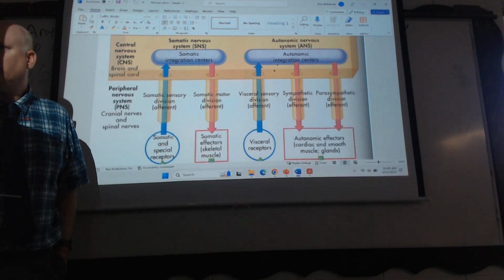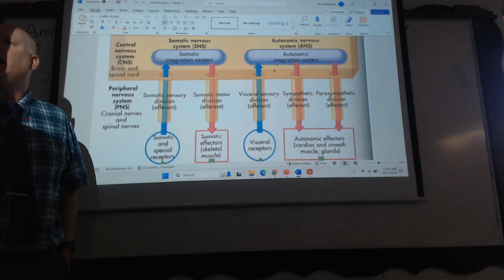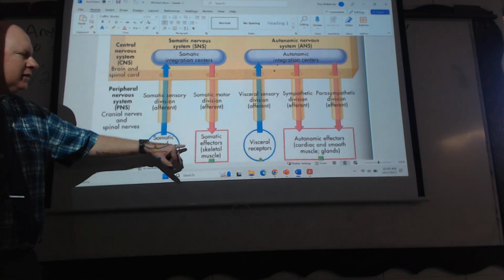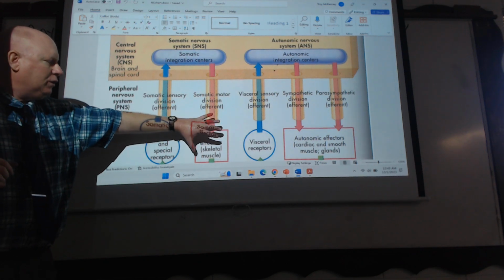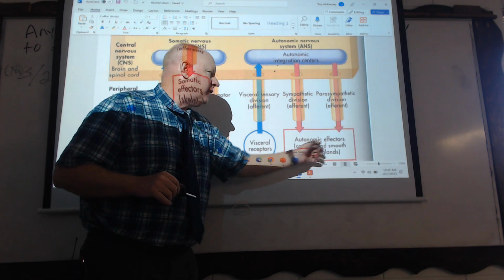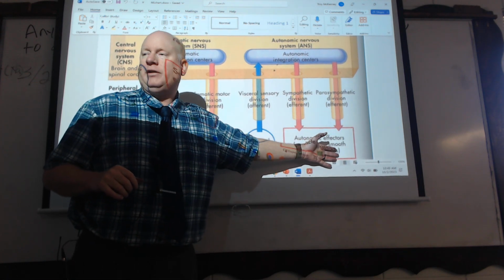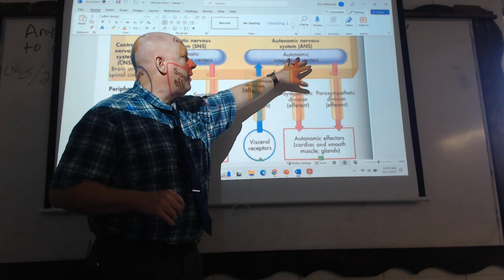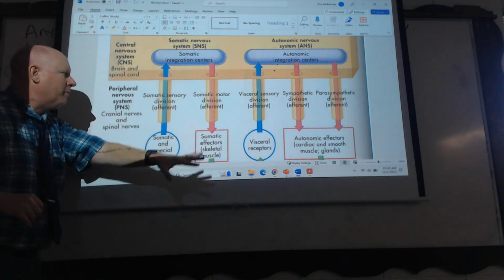Yes, we do. Okay? But unless it's a response to where we're talking about that bitterness. We do have conscious control over this. But what about these types of muscles? Do we have conscious control over them? No. That's why we call this the autonomic side and this the somatic side.